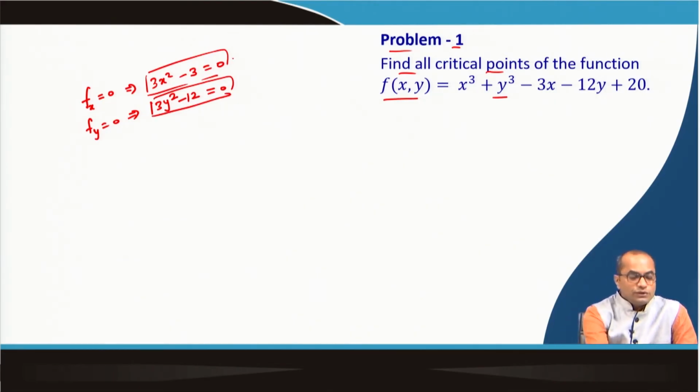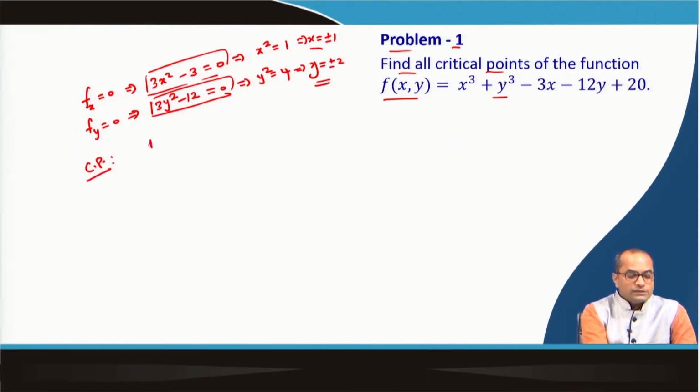From the first equation we got that x² should be 1, from the second equation we got y² should be 4. So that means x is plus minus 1 and y is plus minus 2. So what are these critical points? The critical points are then, plus 1, and from y I can take plus 2, then minus 1, again plus 2. At all these points fx will be 0 and fy will be 0.